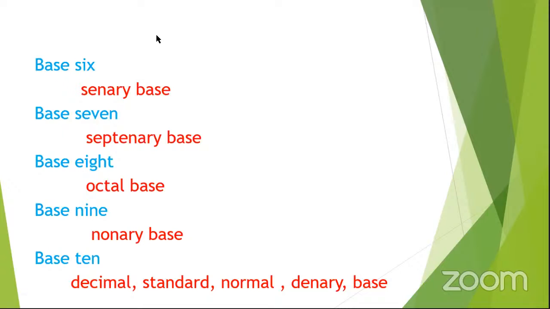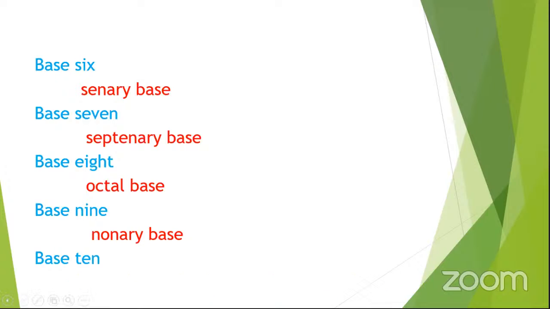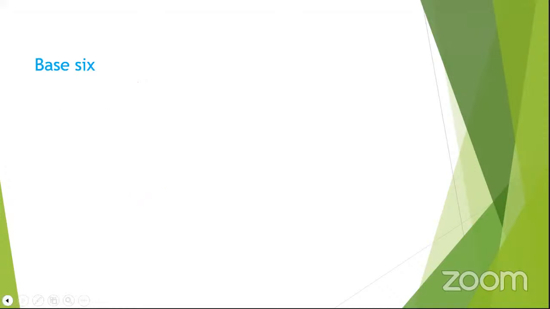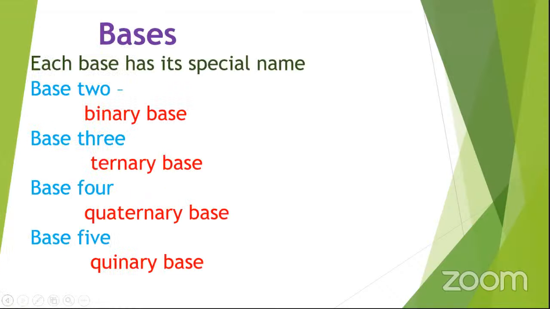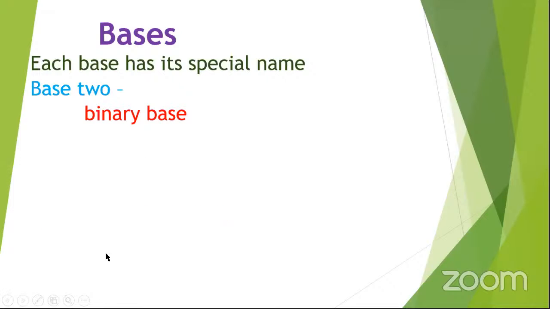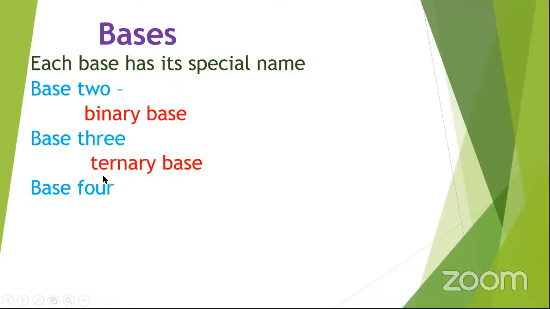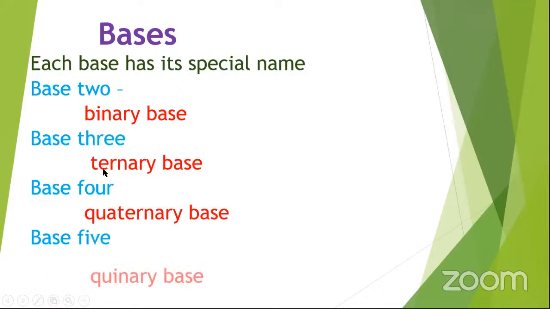Those who have just joined us, we are trying to review and remind ourselves about the special names for bases, because that's what we are looking at. We've said that each base contains digits equivalent to its base name.